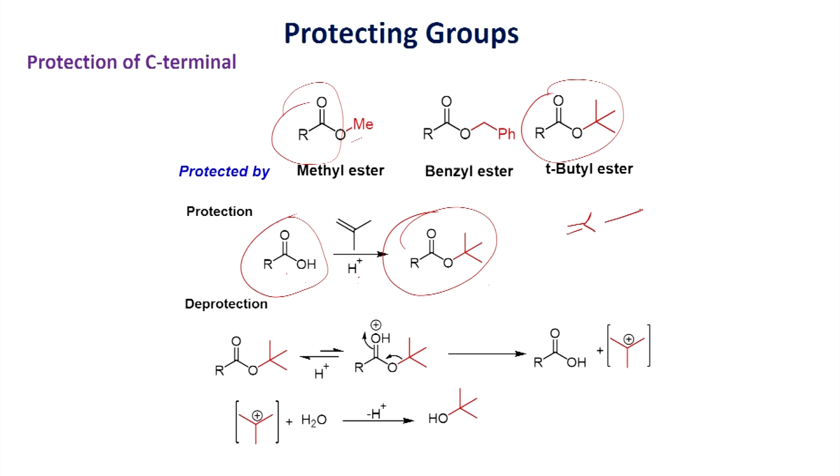and react with carboxylic acid in acid medium, first it acts as a nucleophile and undergoes addition reaction with this proton. Then you will be able to form a tertiary carbocation. This is the electrophile.